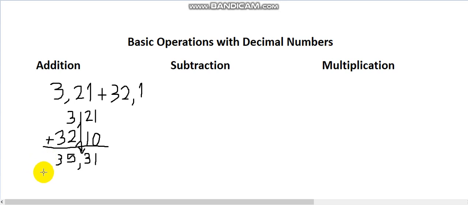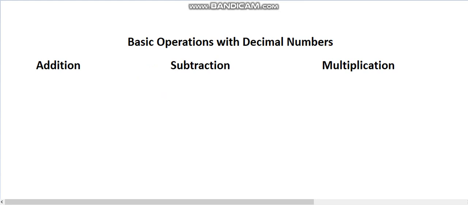The same goes for subtraction. So if I had, for example, let's say I had 4.5 take away 2.51, I would place these numbers as following.